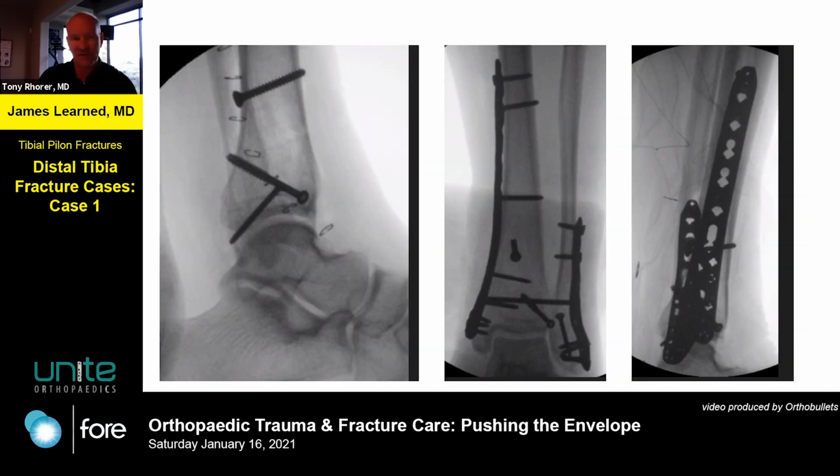The fact that you got such a good reduction tells me that either this was really fairly fresh, the fracture, or you're super strong, or you have a technique for making that thing slide down. So my question for you is, one, what's your reduction technique for shortening in a pilon fracture? And two, that posterior to anterior screw is spot on. You nailed that reduction and got a nice lag screw across it. But how did you do that?